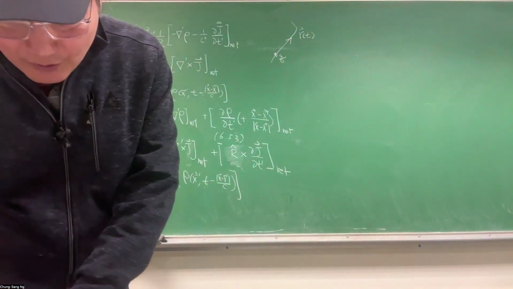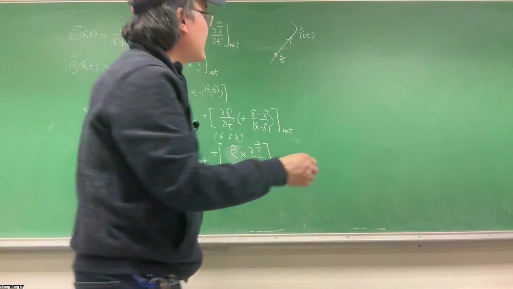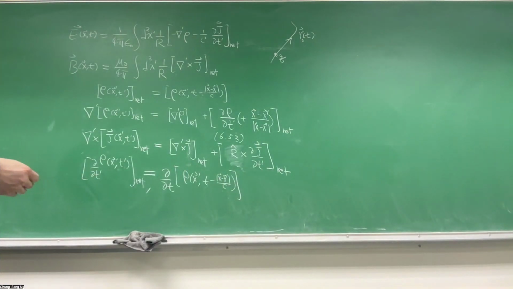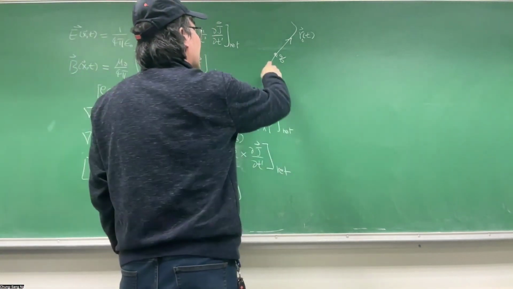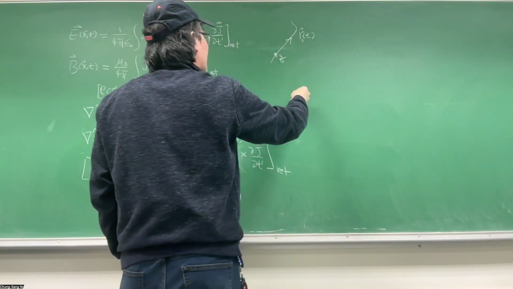Jackson called this R sub 0, I think, just to distinguish it from the radial vector. Okay, so this is a trajectory.